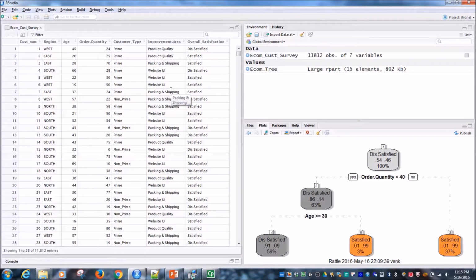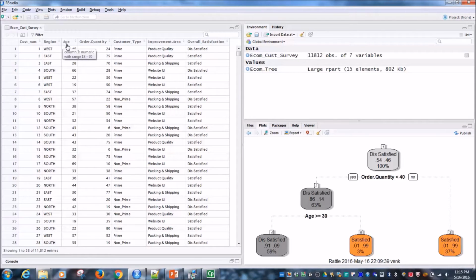So how do we validate the decision tree that we have built? To validate the decision tree, we can make use of the data that is already used in building the decision tree. Let us take an example of this data set that we used for building the decision tree.